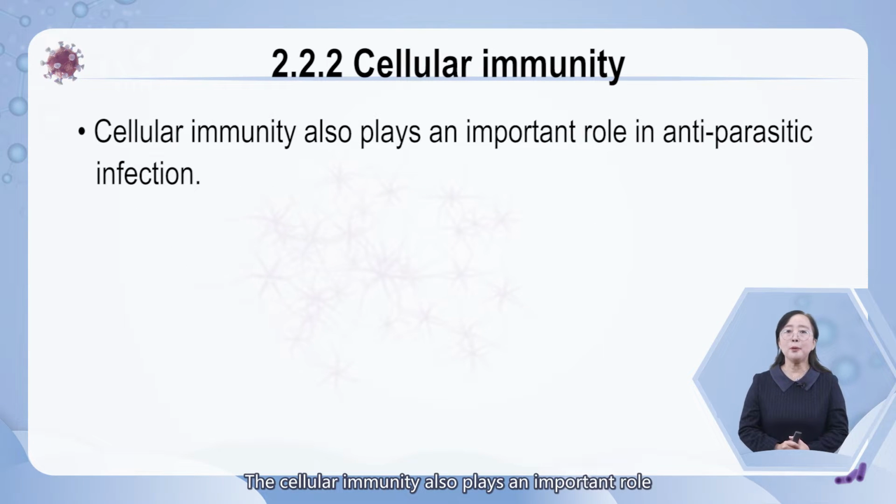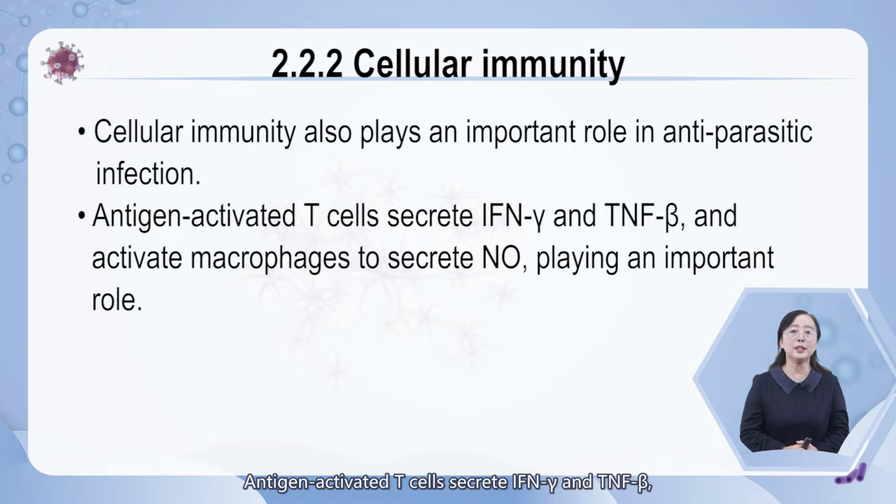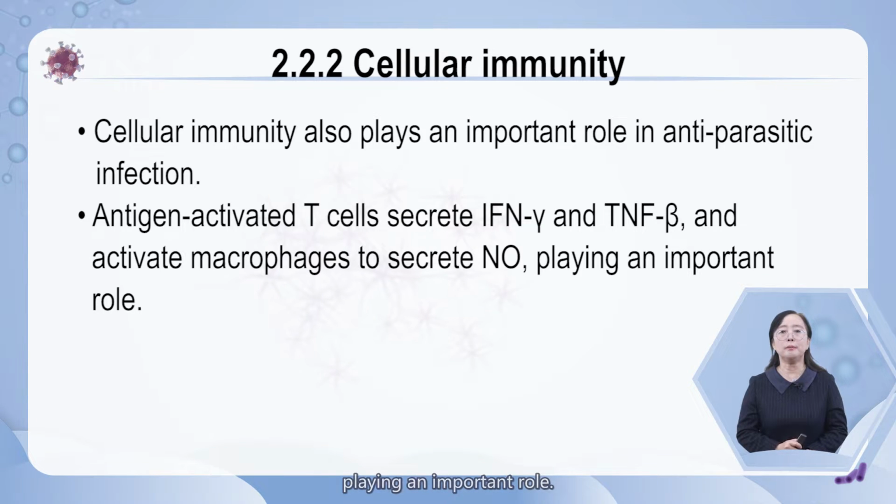The cellular immunity also plays an important role in anti-parasitic infection. Antigen-activated T cells secrete interferon gamma and TNF-beta, and activated macrophages secrete nitric oxide, playing an important role.